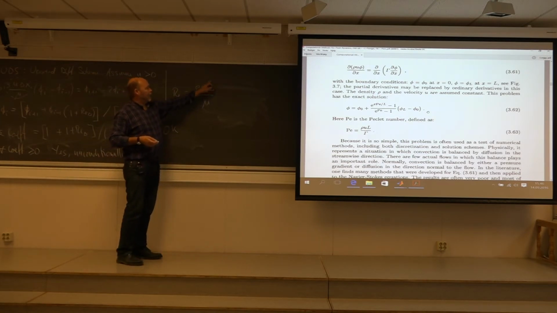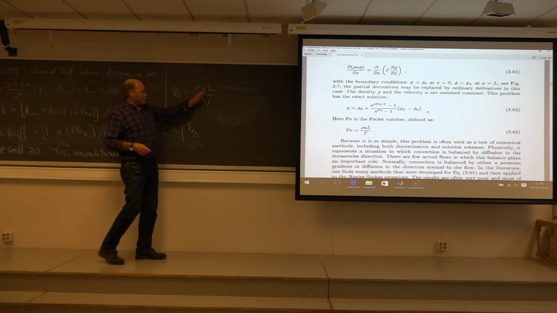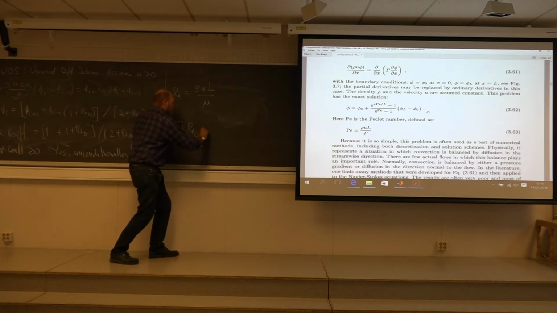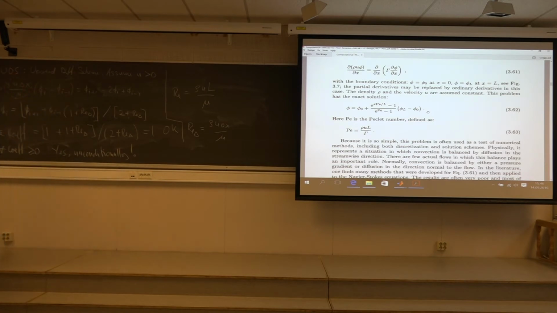Then the length scale will now be reduced to delta x, and hence you are left with rho u delta x by mu. So they're strongly coupled. They just have different length scales. That's all.